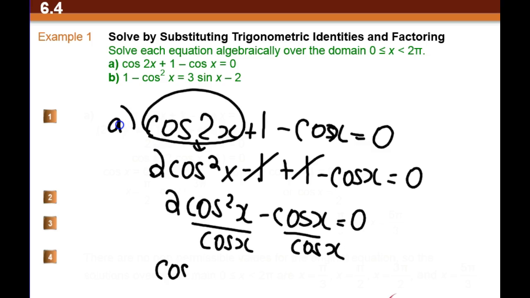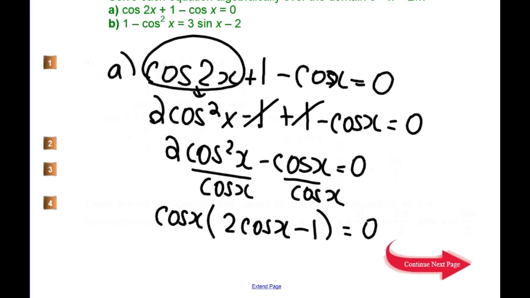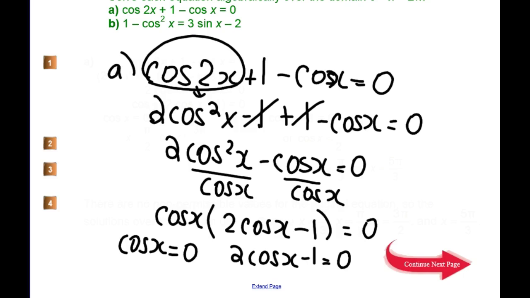So I would put cos x out front, and then I'm left with a 2 cos x here, and a cos divided by a cos is a 1, and there was a minus there, so it's a minus 1 equals 0. Okay, so now we can split this into two equations. We can say cos x equals 0 and 2 cos x minus 1 equals 0. And then we can solve to see what cos is.